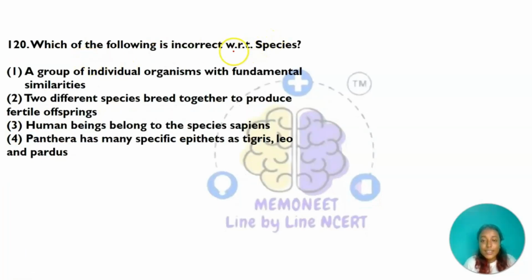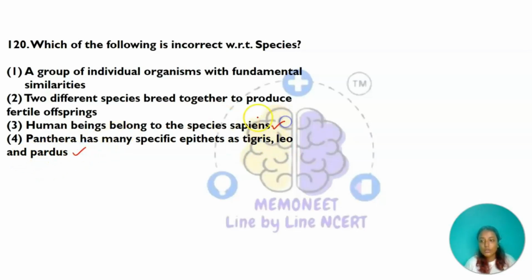Which of the following is incorrect with respect to species? A group of individual organisms with fundamental similarities. 2 different species breed together to produce fertile offspring. Human beings belong to the species sapiens. Panthera has many specific epithets as tigris, leo and pardus, which is true.